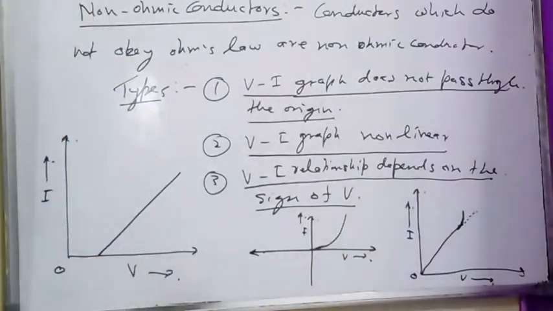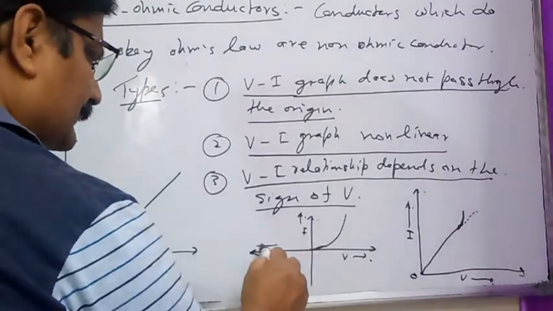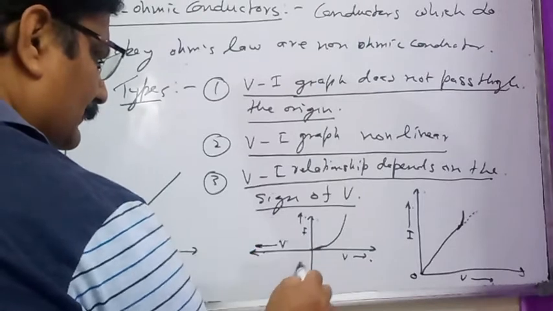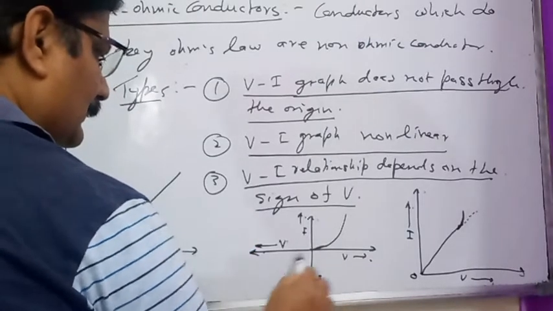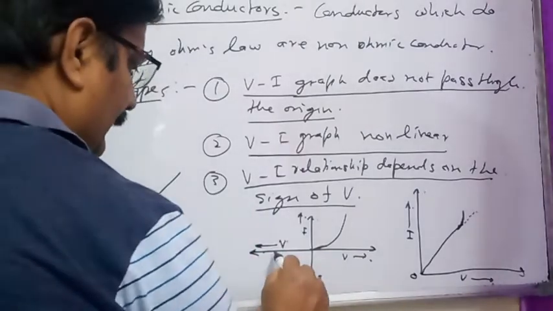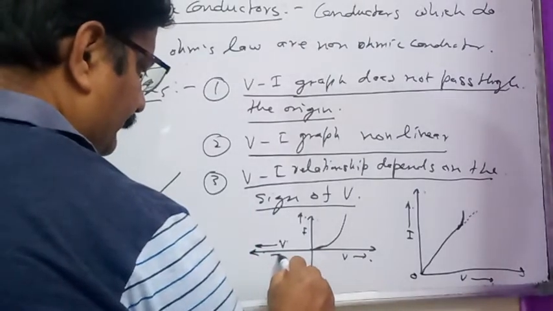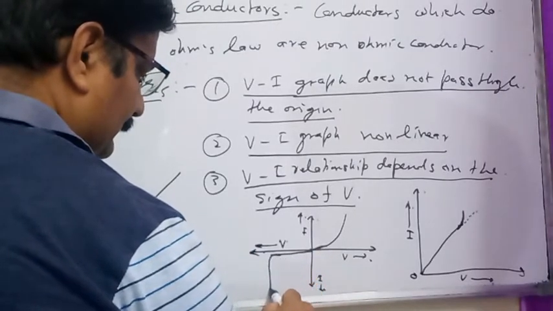This is a non-ohmic behavior. But if direction of potential is reversed, means reverse potential is applied across the diode, in that condition the shape of the graph looks like this.